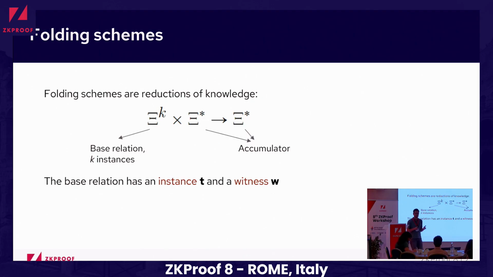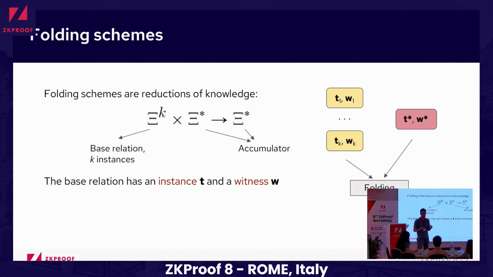An instance is generally going to be a commitment to the witness, a homomorphic commitment. And the process really looks as follows. The prover and the verifier take these instances and these witnesses, put them together with the accumulator, throw them into the folding protocol, and end up with a fresh instance and witness of the accumulator and the proof.